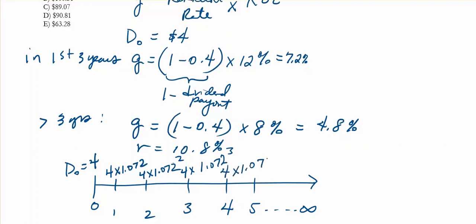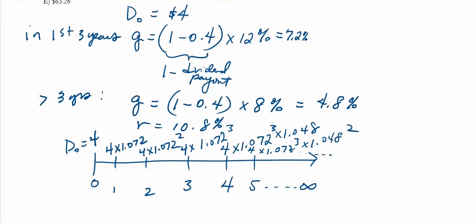In the 4th year, the dividends will grow at 4.8% over the year before, and then growth will be maintained at 4.8% every year forever. So then I'll just put my ellipses there, and the discount rate is 10.8%.